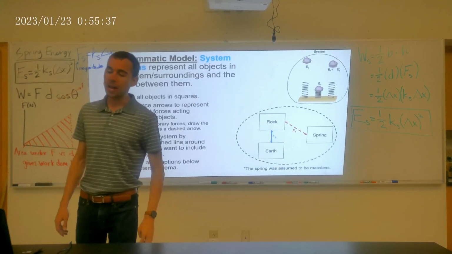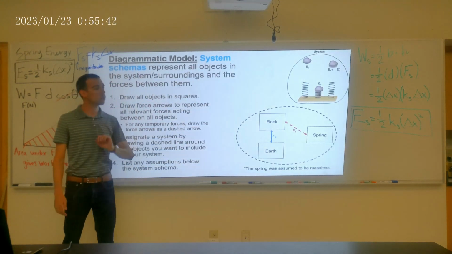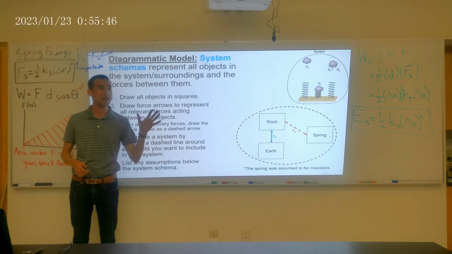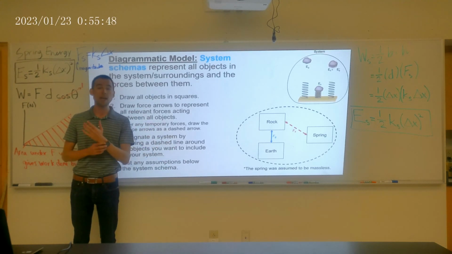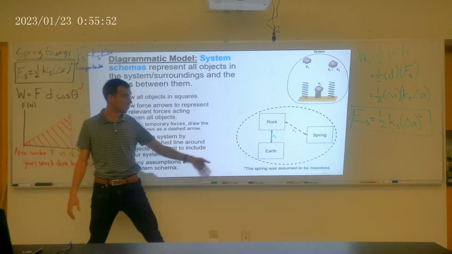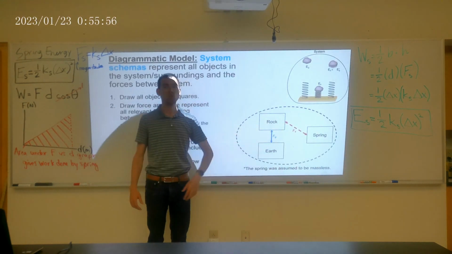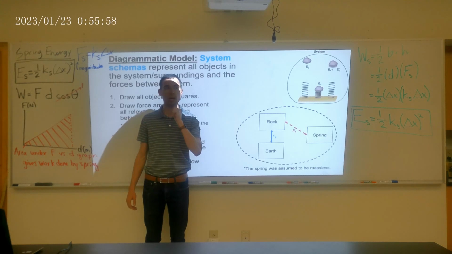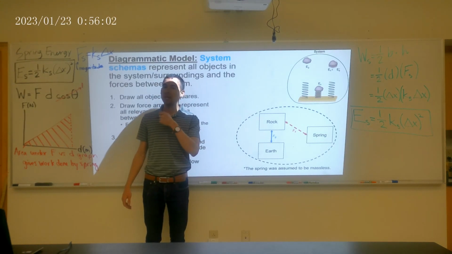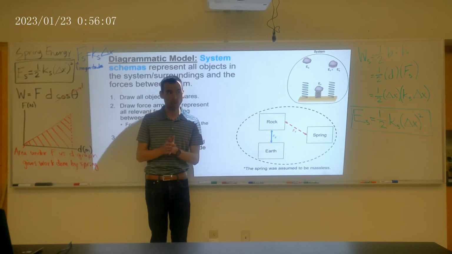Finally, our last diagrammatic model for energy is called a system schema, and this should feel a lot like an interaction diagram. We're going to gain some practice with that in the practice problems on Friday, but it's basically an expanded interaction diagram that still has all of the objects present. The forces will be written in shorthand notation rather than agent-object notation, and what's really useful about system schemas is it allows you to choose a variety of objects to include in your system.